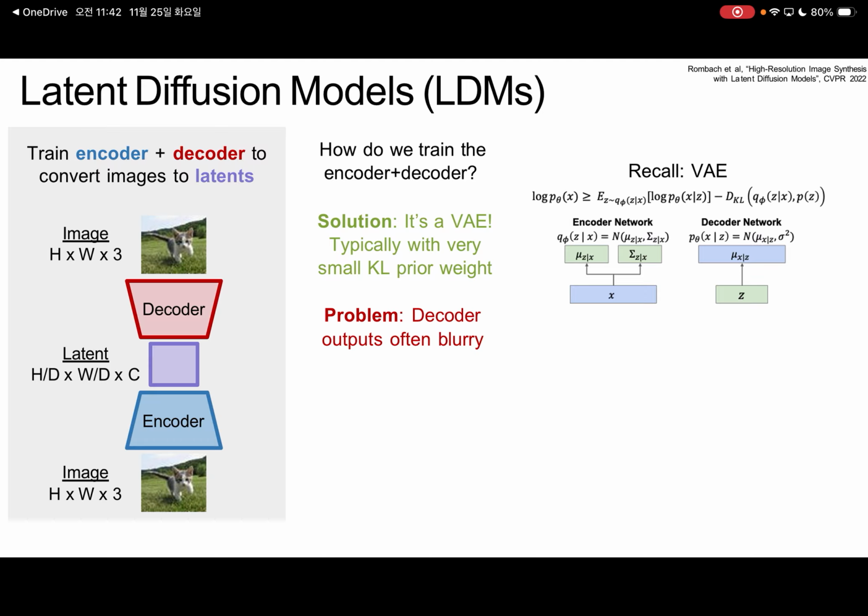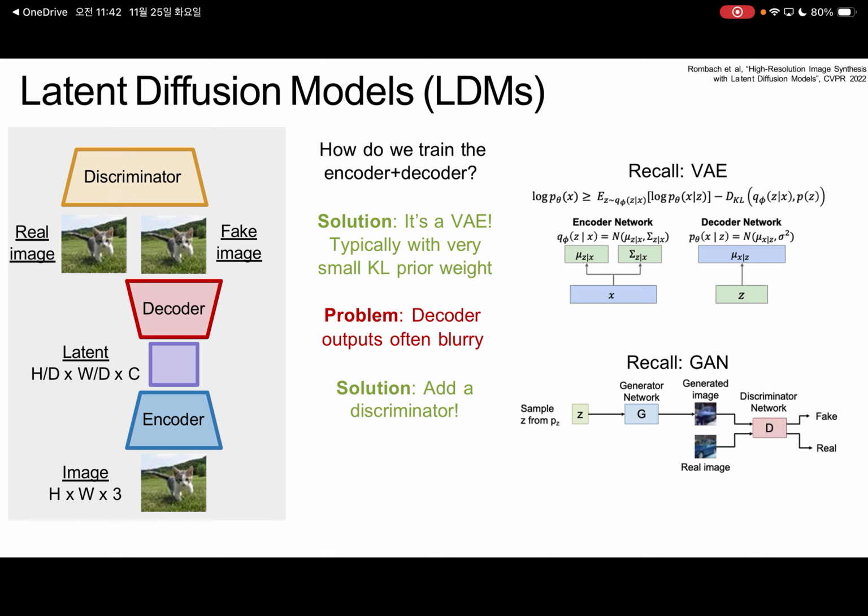But as we noted, the VAE's decoder outputs blurry results, so when pre-training the decoder, we add a discriminator, right? There's a combination of VAE and GAN.